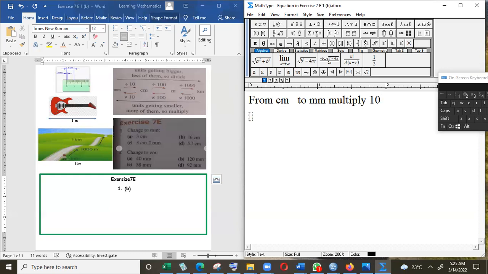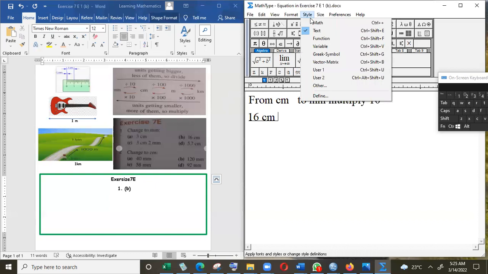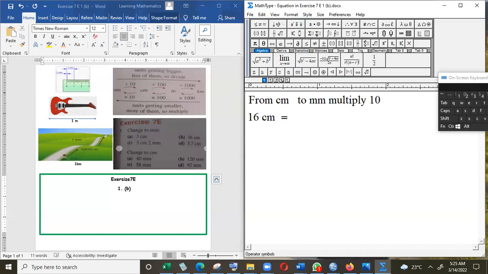In part B, we have 16 centimeters, and we're going to change that to millimeters. From centimeters to millimeters, we have to multiply by 10.